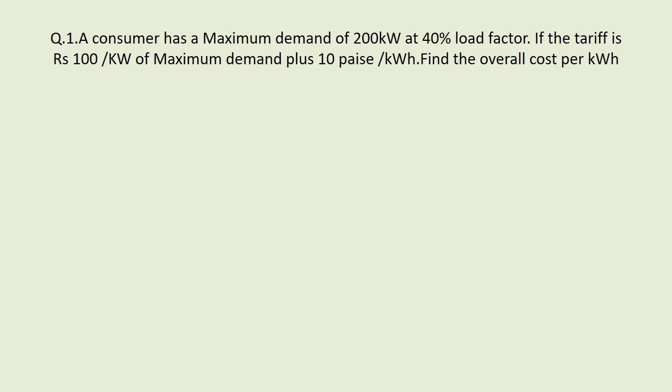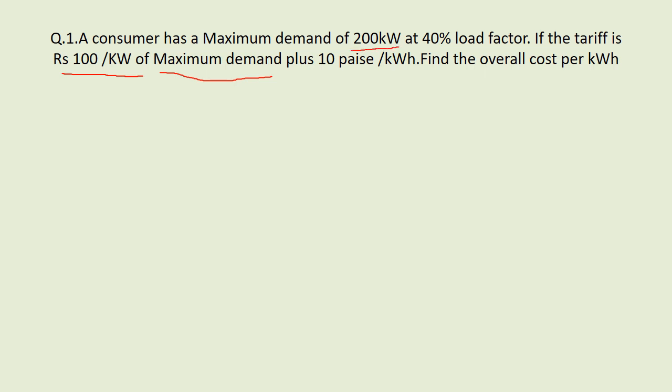So here the tariff rate depends on two things. It depends on your 100 rupees per kilowatt of the maximum demand. So this kilowatt must be of the maximum demand. Here the maximum demand is 200 kilowatt.